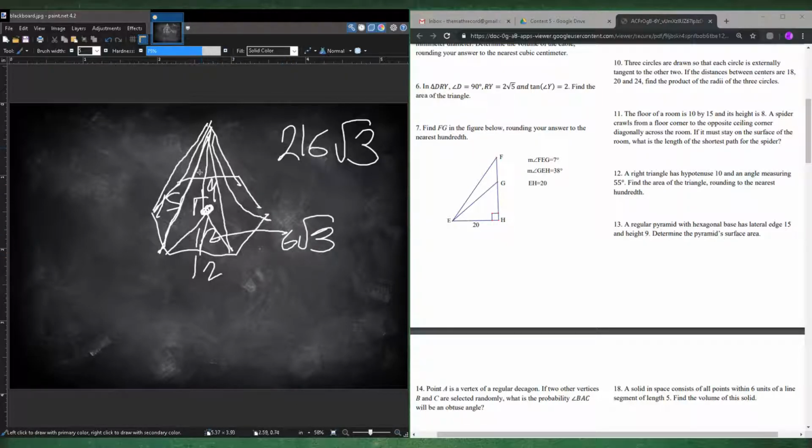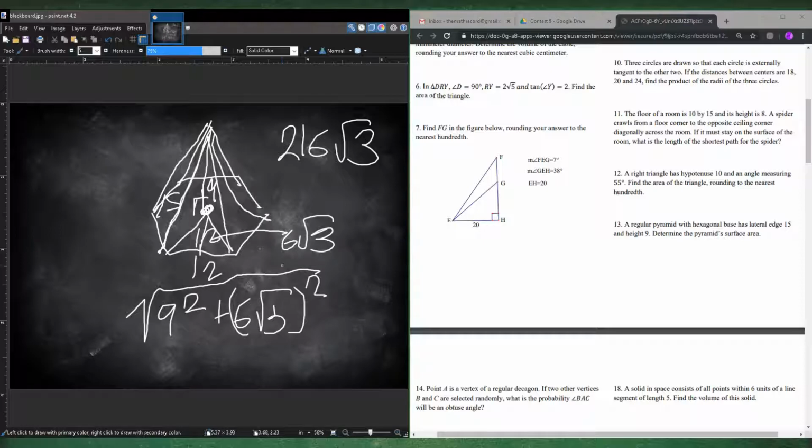So getting the height of the face, it would just be the hypotenuse. So you have 9 squared plus 6 square root 3 squared, and then square root the entire thing. So that's 9 squared plus 6 square root 3 squared, which is 189.